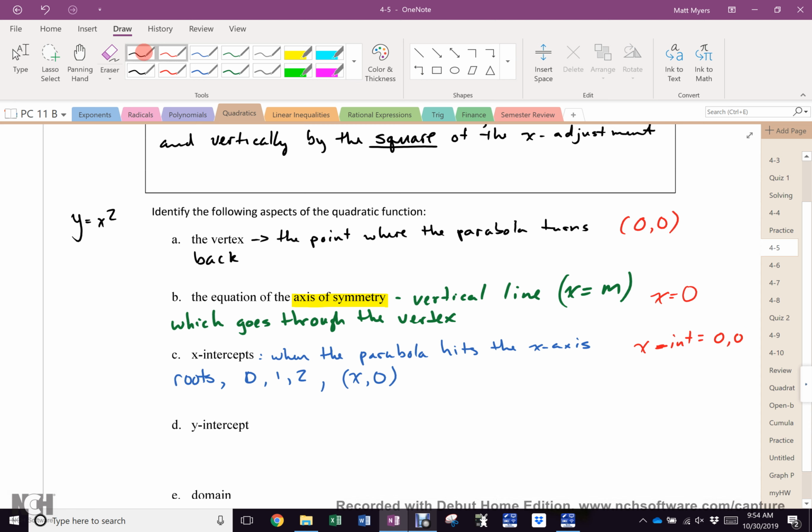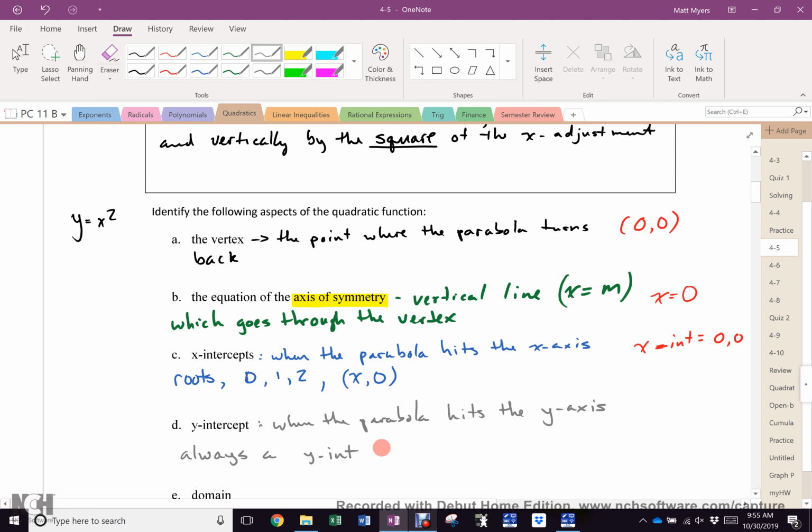Okay, what's the y-intercept? Obviously, when the parabola hits the y-axis. Will a parabola always hit the y-axis? Yeah, because it's spreading out, right? No matter how far I go out to infinity on the x's, eventually it's going to hit the y-axis somewhere. There's always a y-intercept of a parabola.